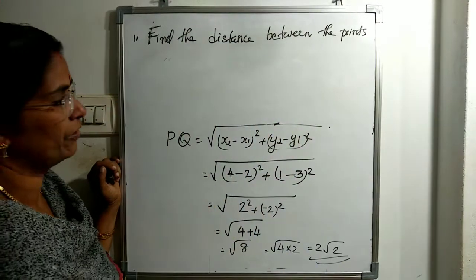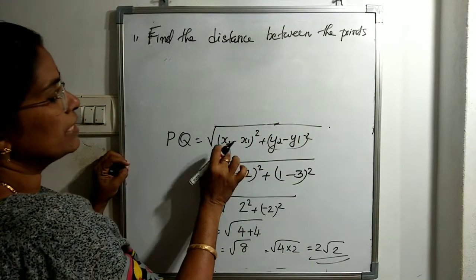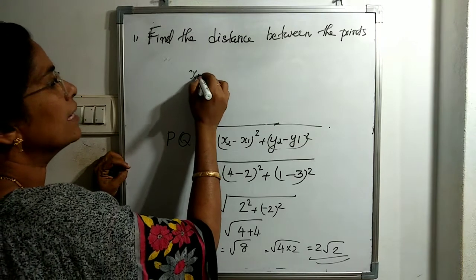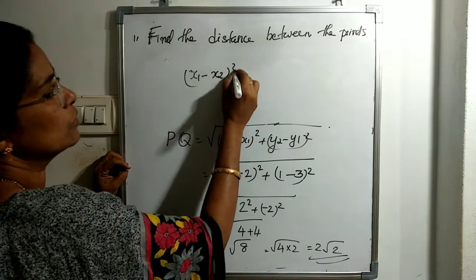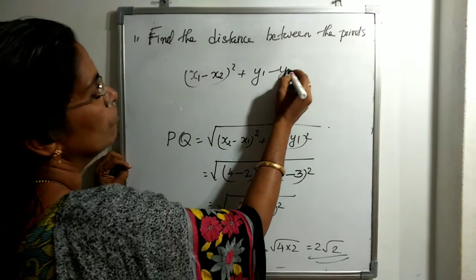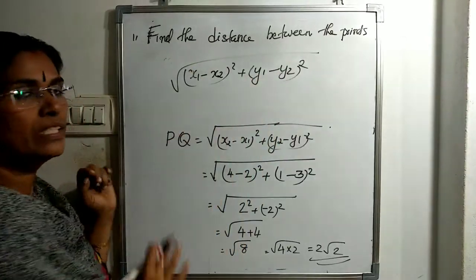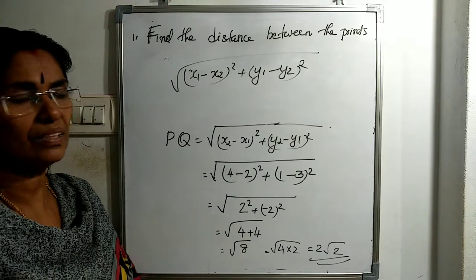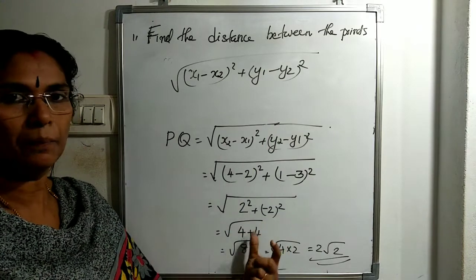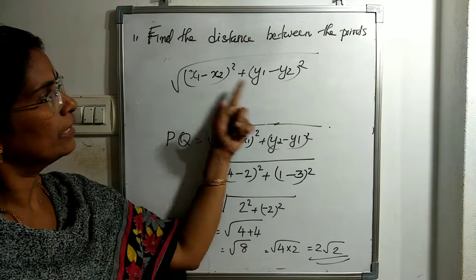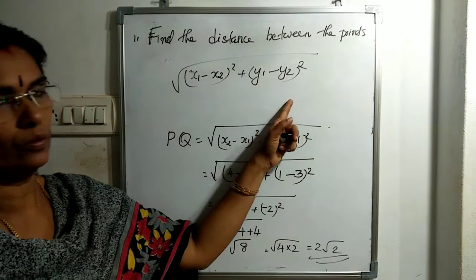There is no difference. No need to always take x2 minus x1. We can take x1 minus x2 whole square also, or y1 minus y2, because we are finding a square, so there is no change in the answer. A negative number squared is also a positive number, so you can change the formula like this also.